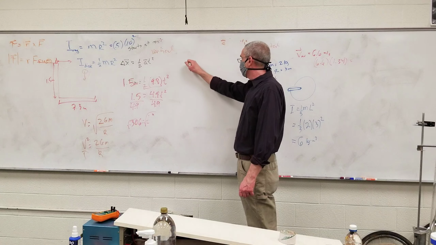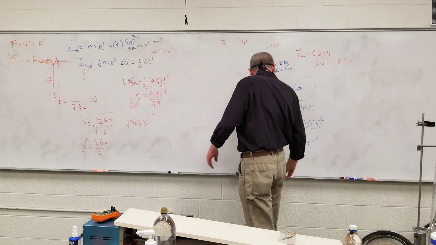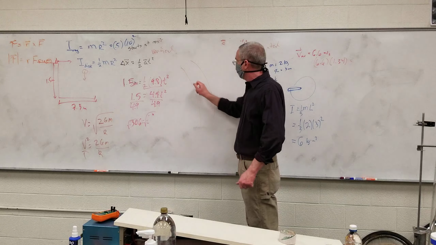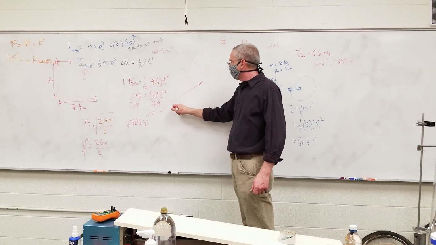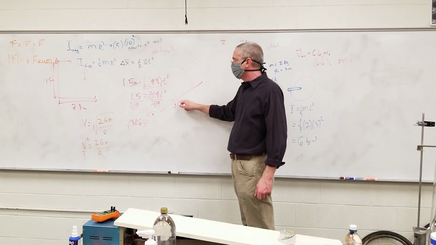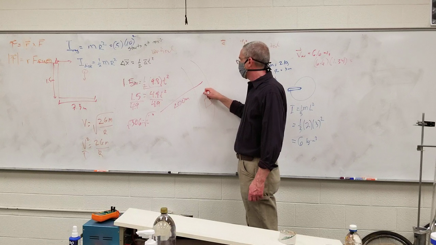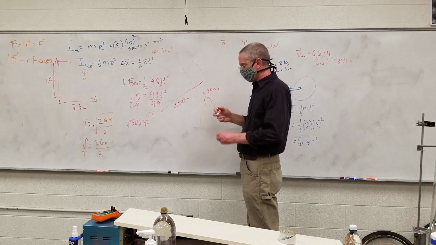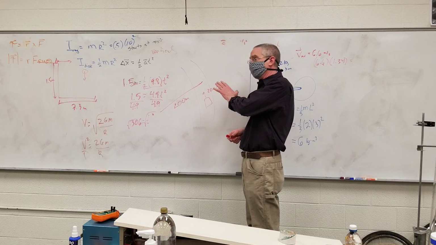So I have a road here that a car's going around. Radius of curvature of the road, I'll make 200 meters. The car is cruising along at 20 meters per second, and we're just saying that's barely keeping it on the road.